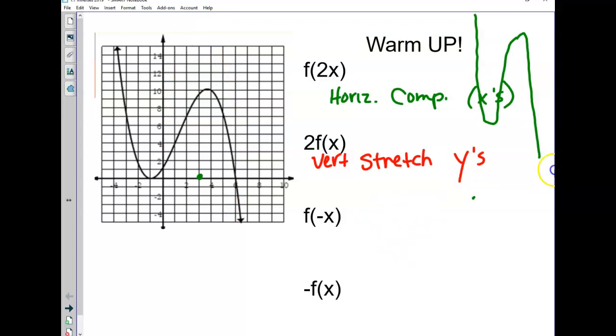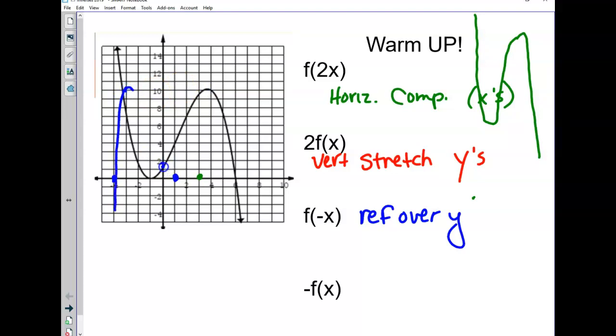Okay, so this one is reflected over y. So what is that going to change? Yes, so instead of crossing the x-intercept at -1 over here, it's going to cross over here. Instead of being at 4 over here, it's going to be at -4. Instead of there being a peak around 3, 10 or 3.5, 10, it's going to be over here somewhere.